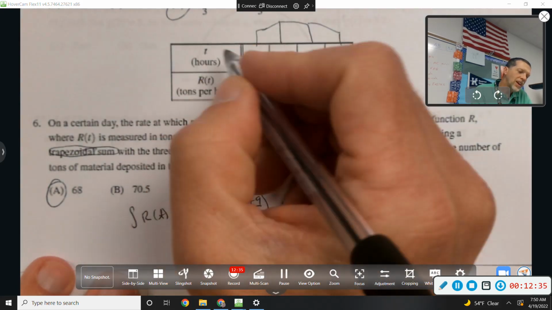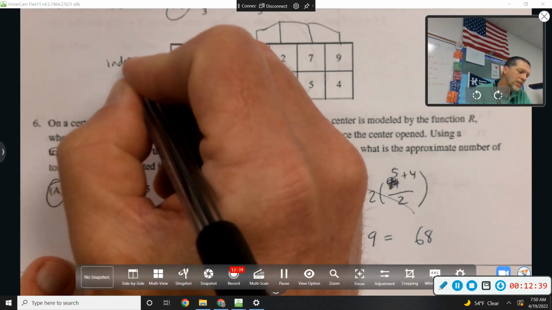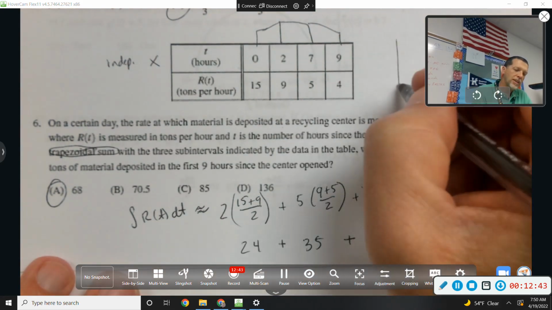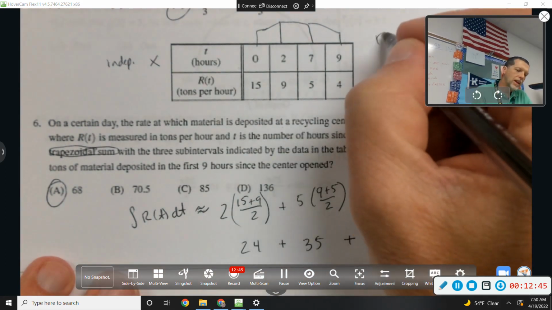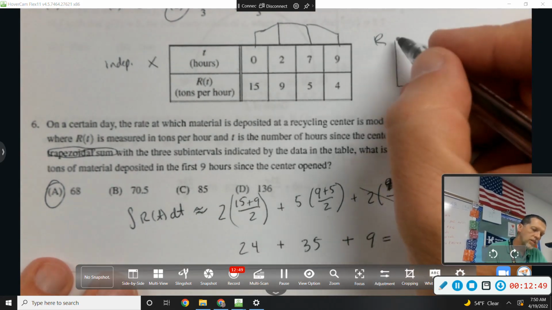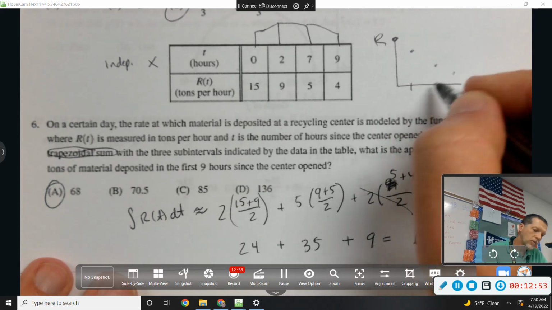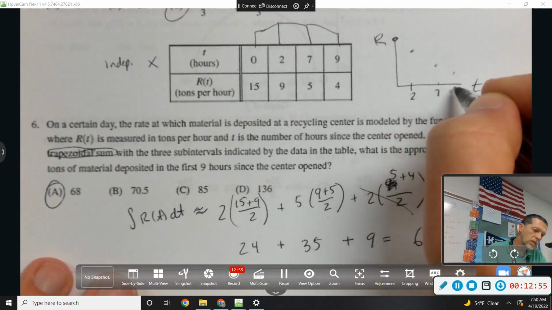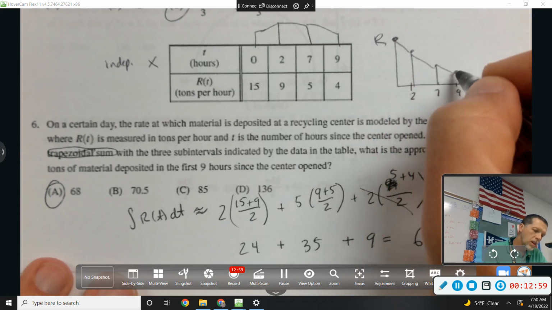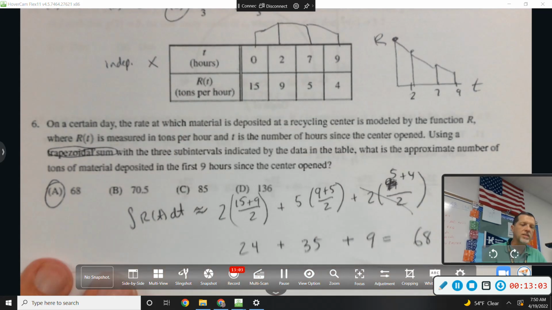The x, or the independent variable, if we want to be fancy about it, is always the base. If you think about graphing, this would be t, and this would be r. So 15, 9, 5, 4. And so your base is that delta x or delta t.